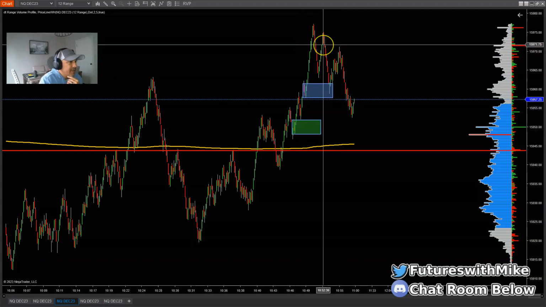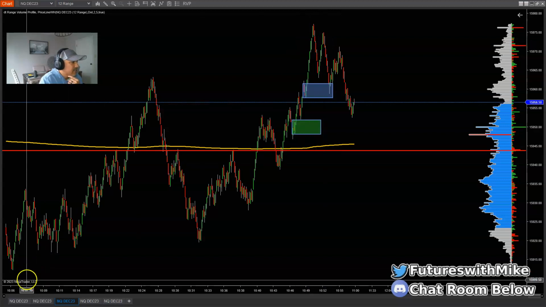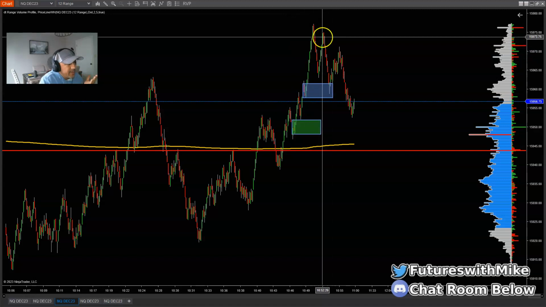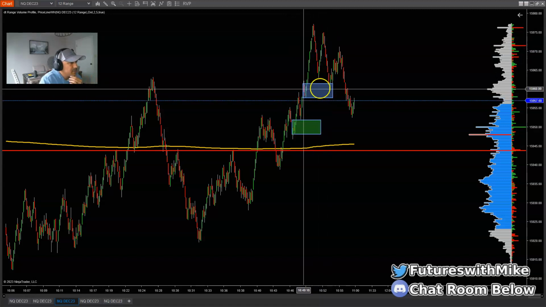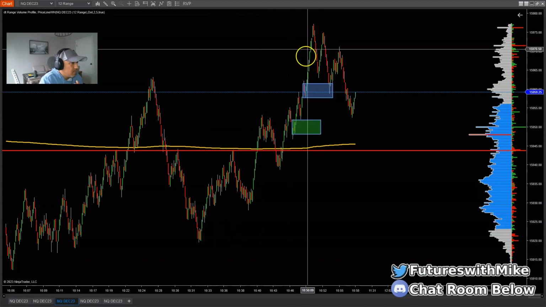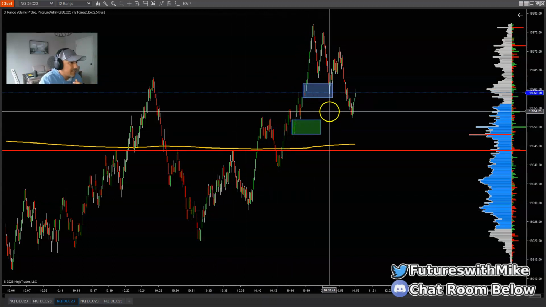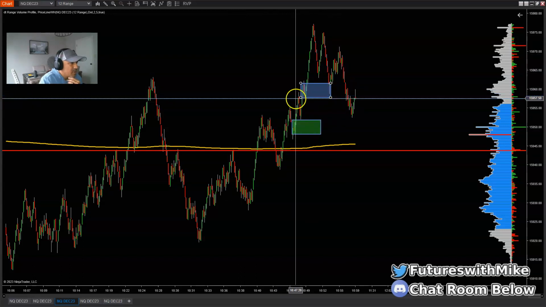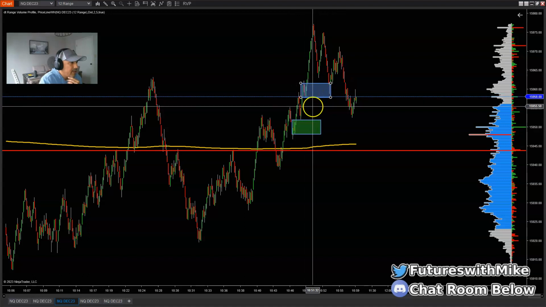So is this an area of supply right here coming to the downside? Yeah, but we haven't broken structure. We did coming down, pushing down, pulling back, and pushing lower. We haven't broken any area of structure within this leg when the market started coming back down yet. I believe now we are. Yeah, now we are. We're breaking structure. We just broke below this area right here.